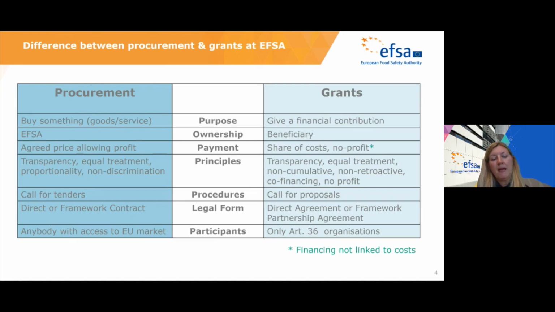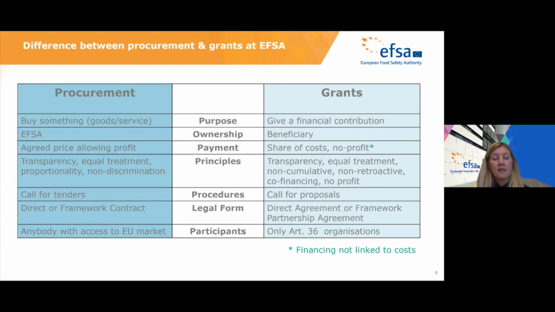Now, in relation to payment, if we're talking about procurement, usually it's an agreed price which allows for profit, whereas in grants, we were always paying in the past a share of the costs and the principle of no profit was applied.